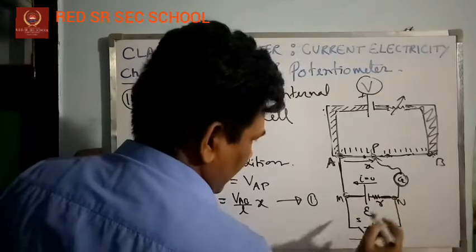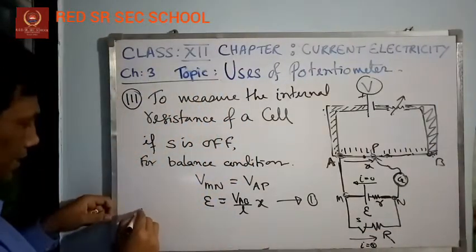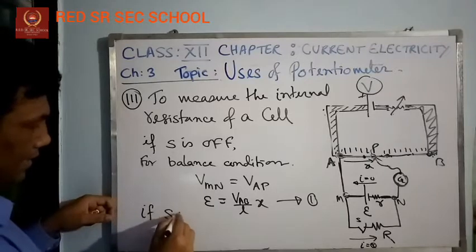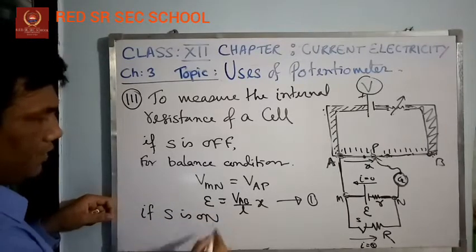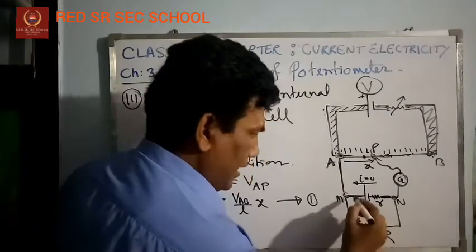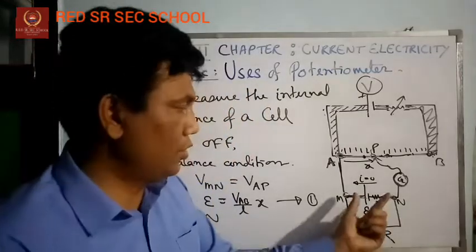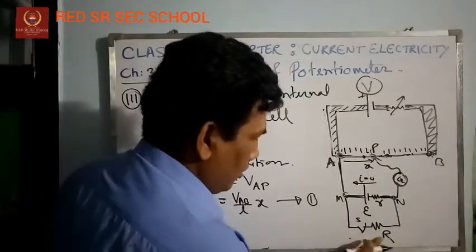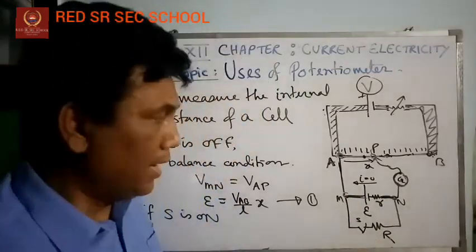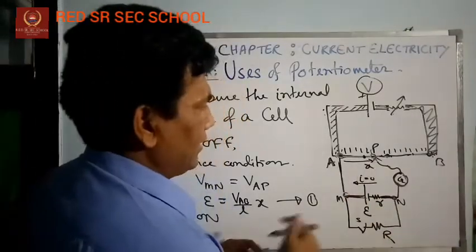Okay, now you do one thing. Remember, no switch is there. If S is on now, remember S is on means this circuit will work as well as this also works, because already it is connected. No switch was there. So now current will be flowing. For balance, now again I need to search the balancing length.